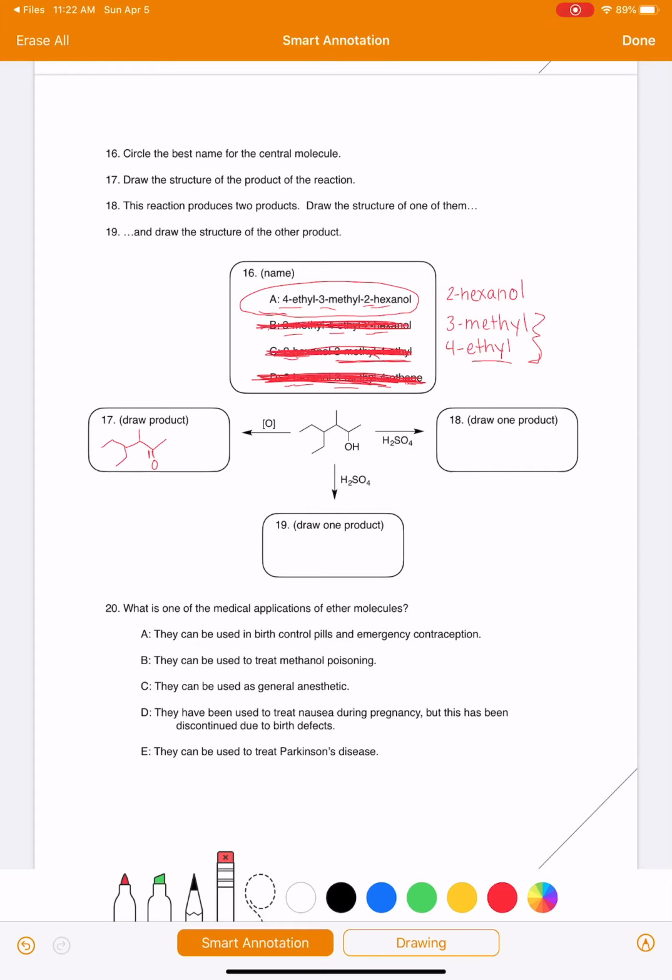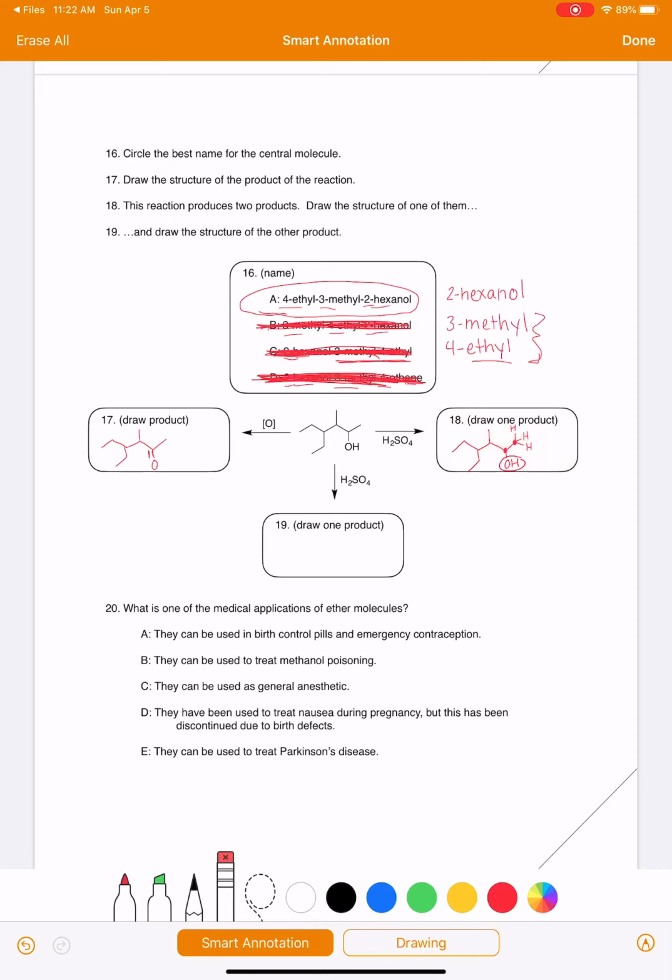Questions 18 and 19 are a dehydration reaction. So again, we're going to start by drawing the molecule exactly the way that it is. In the dehydration reaction, we remove the OH and we remove a hydrogen from one of the carbons that is adjacent to the OH.